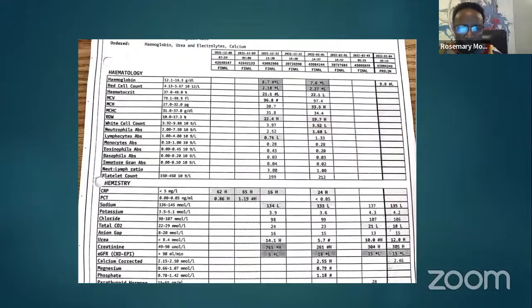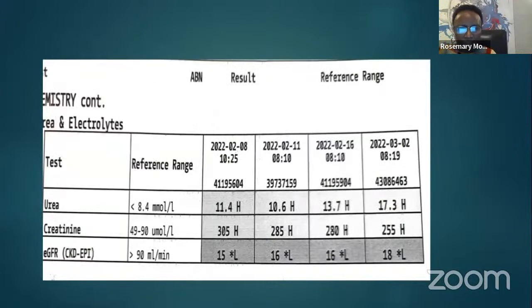After a few days we held dialysis after the GFR of 18, checked it again, and on the 3rd of February it had gone down again to 15. So at the moment, this is where we are. She's off dialysis and the GFR seems to be on its upward trend.